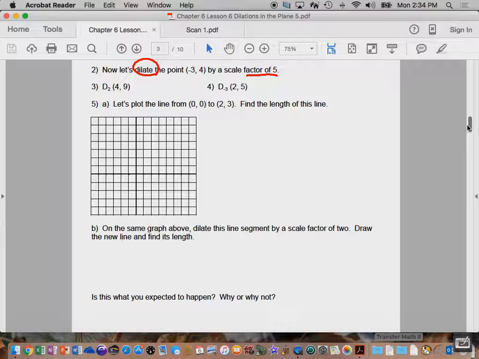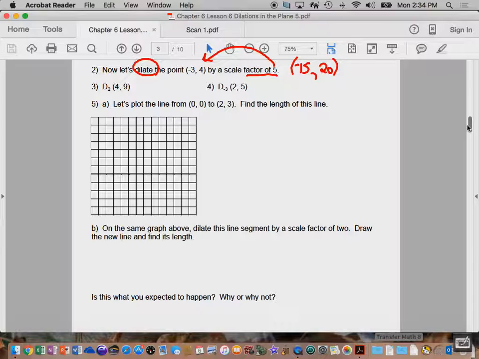Multiply, good. So if it says here, let's dilate the point -3, 4 by a scale factor of 5, what do you think I get? -15, comma, 20. Yeah, I'm just gonna multiply both of them by 5. Kind of a little bit like distributing.